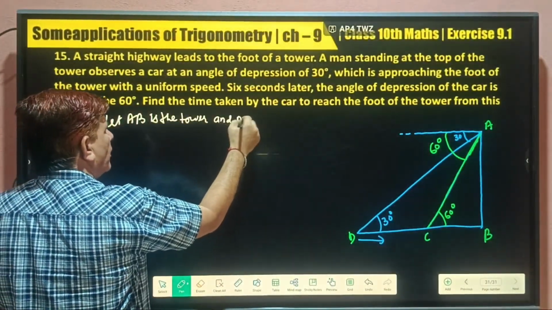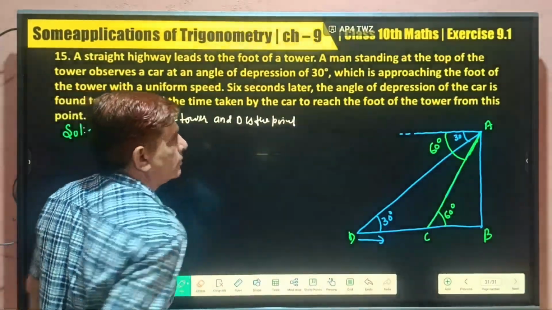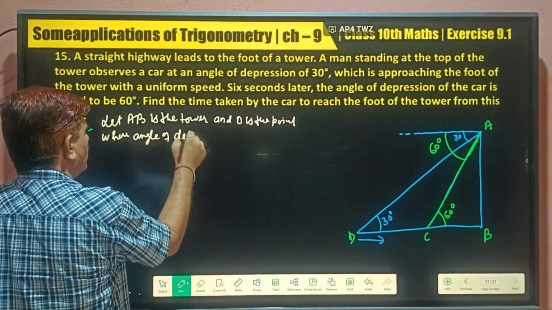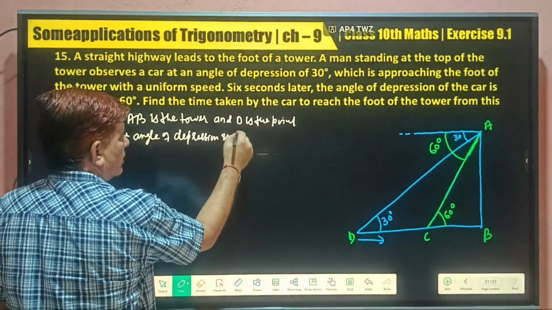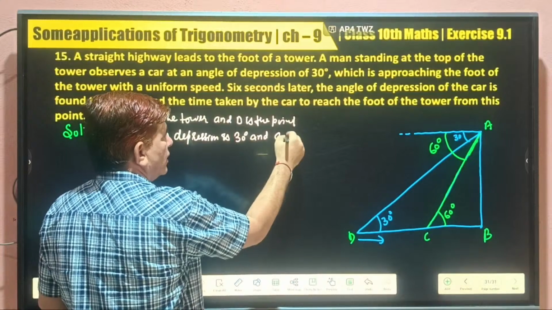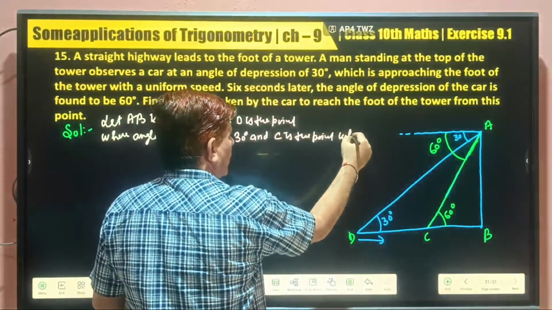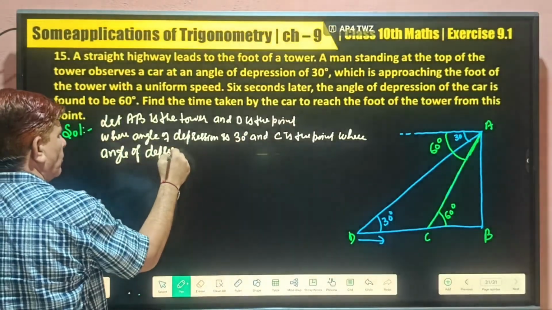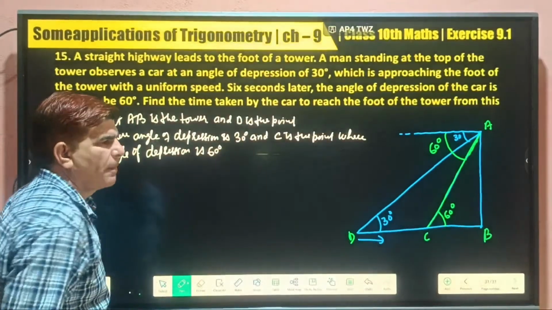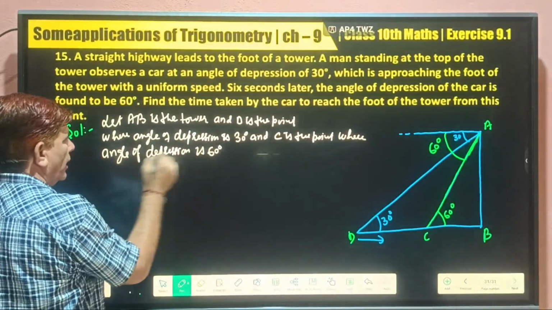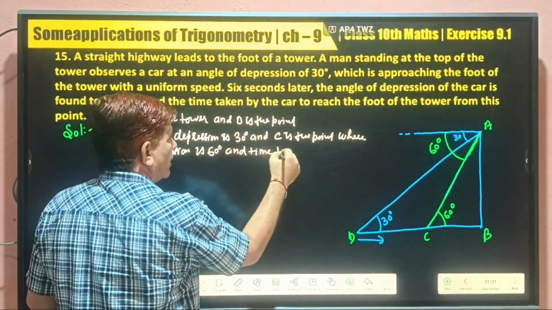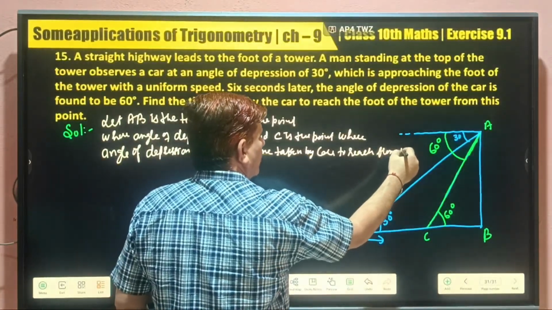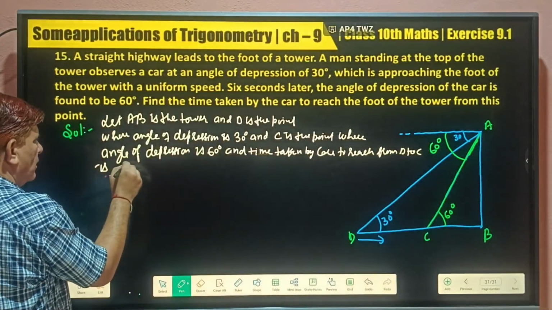And D is the point where the angle of depression is 30 degrees, and C is the point where the angle of depression is 60 degrees. The time taken by the car to reach from D to C is 6 seconds.